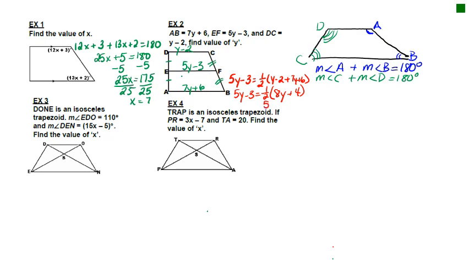So I'm going to have 5y minus 3. 1/2 of 8 is 4. 1/2 of 4 is 2. Subtract 4y from both sides. And I get y minus 3 equals 2. And just add 3. So y equals 5.